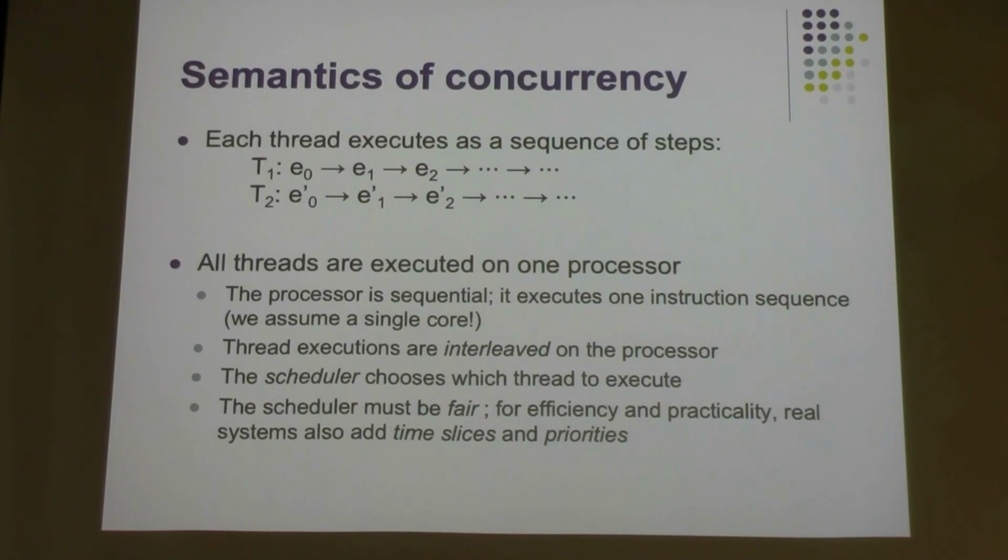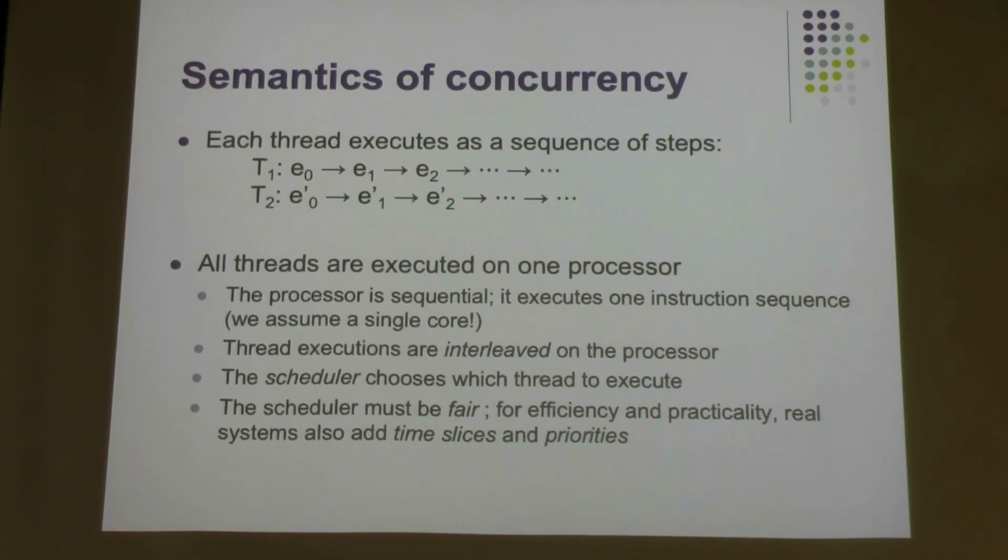And in real systems, the scheduler is more complicated than that. It has time slices. This is for efficiency, because you can't have the scheduler choosing every single nanosecond, because it may execute a big program to choose, and that will cause everything to slow down. So the scheduler will say, this thread will execute for a certain amount of time, and then there's a hardware interrupt, and then the next one.